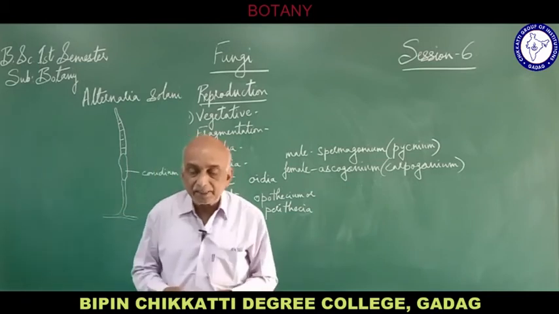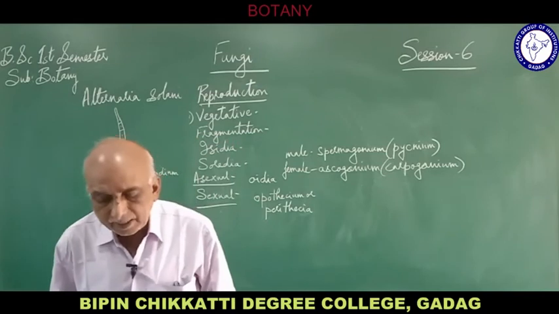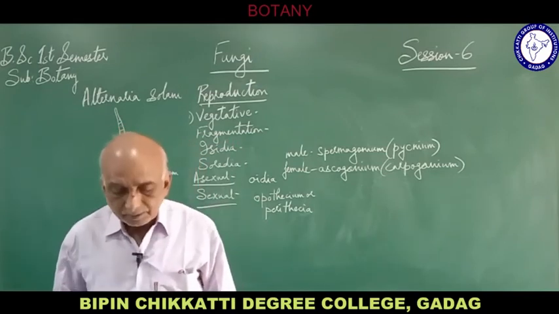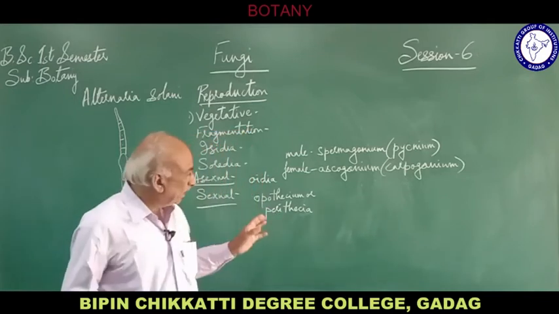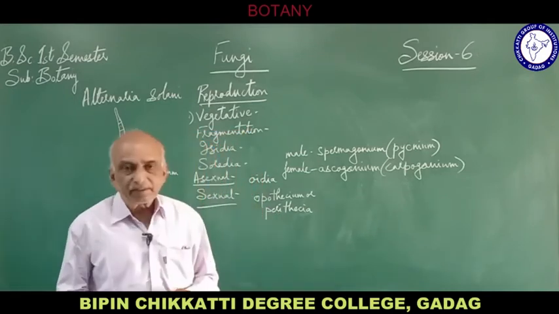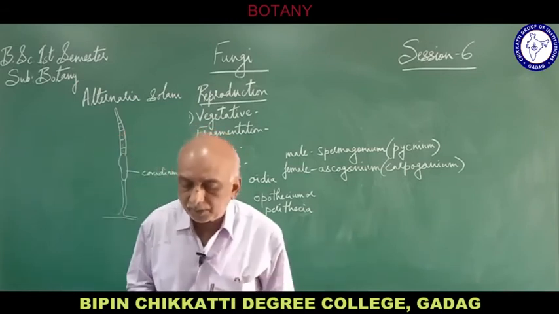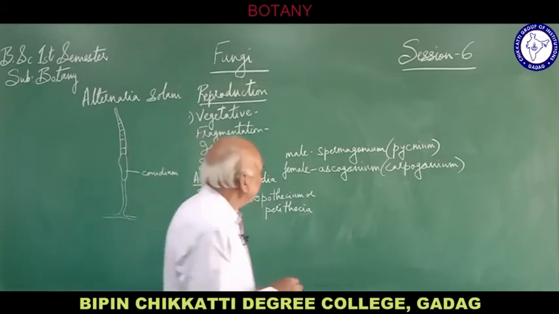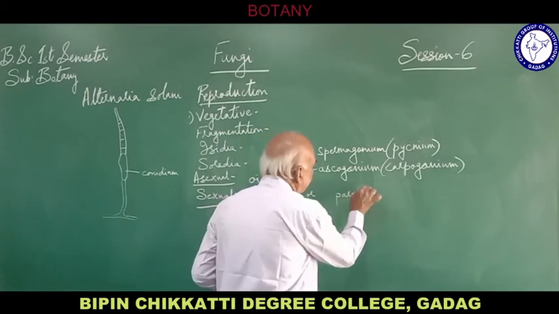In this cup-like structure, at the bottom there is a structure called the hymenium. The fertile part of the apothecium is the hymenium, which contains the reproductive organs, and it consists of paraphysis and asci. The paraphysis are sterile structures.